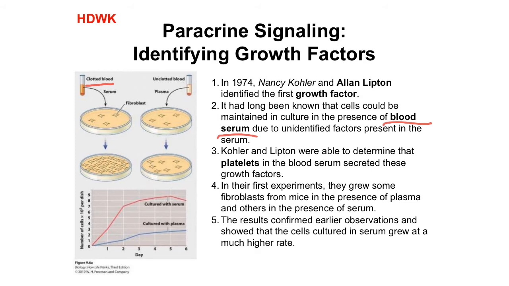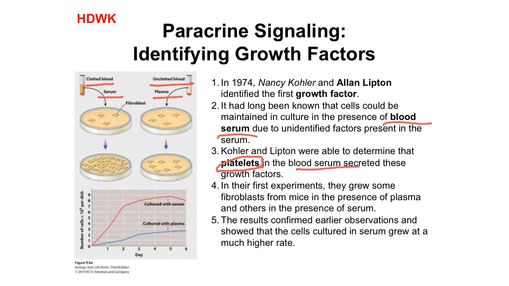So the liquid medium in clotted blood is called serum. In the unclotted blood, it's called plasma. And Kohler and Lipton were able to determine that the platelets, as a kind of cell type in the blood serum, secreted these growth factors.